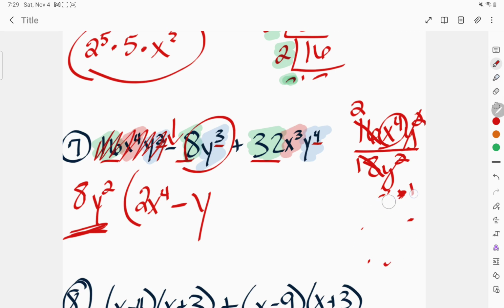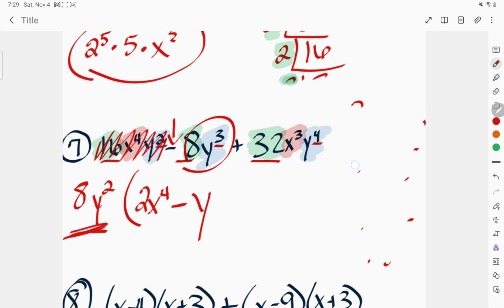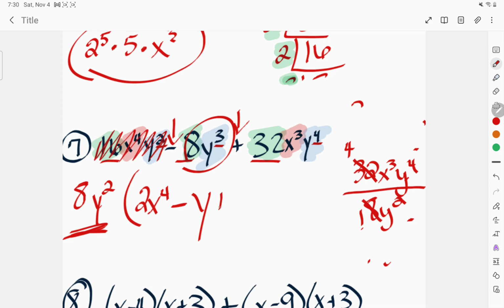And then the last one is going to be 32 x to the third y to the fourth divided by 8y squared. So 8 goes into 8 one time, 8 goes into 32 four times, bringing down that positive sign, bringing over the x to the third, and then y to the fourth divided by y squared is y squared.